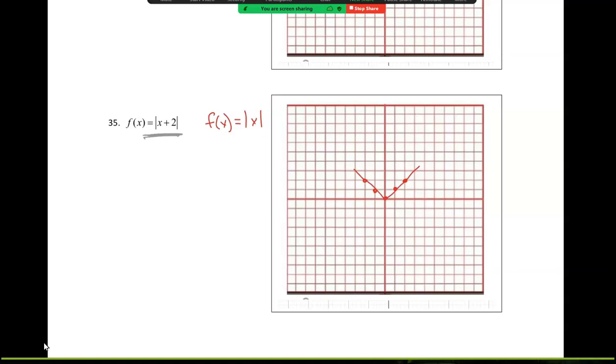So that means the movement is horizontal. It says +2. I'm not going to the right. I'm going to the left because it's an x. Okay, so take all of your values and move them 2. So I'm going to left 2. 2 to the left. So 1, 2, 1, 2, 1, 2, 1. I'm going to do this for 2. And then 1, 2. Okay, there you have it. Shifting, translating to the left.